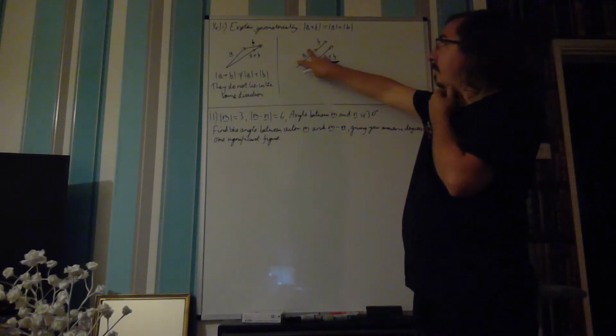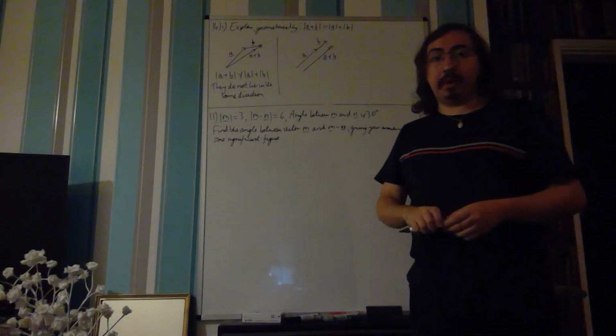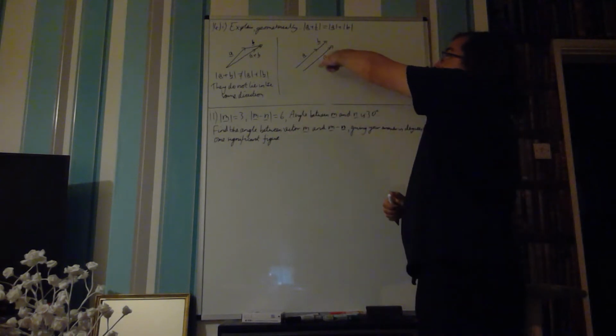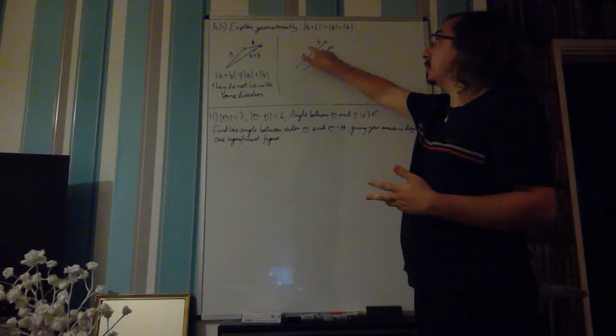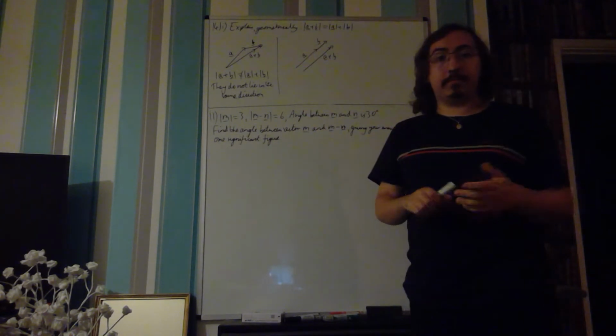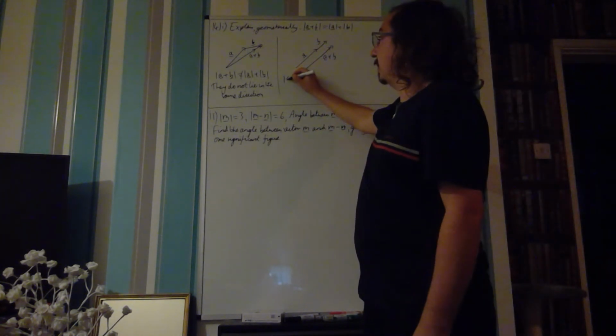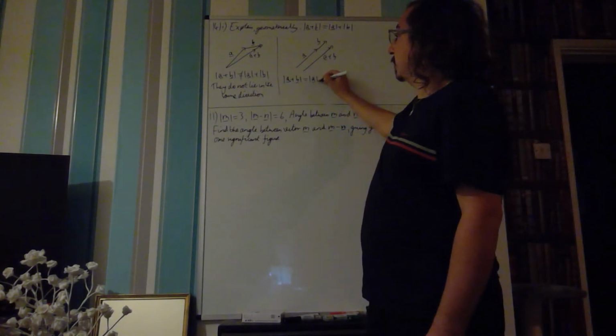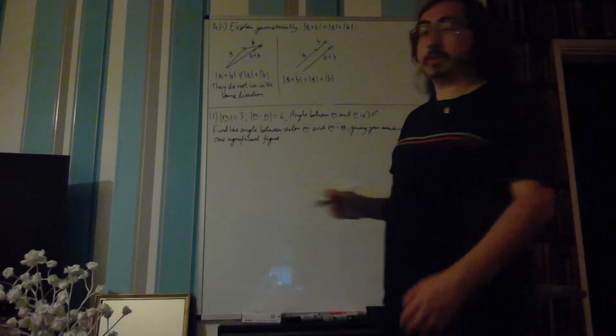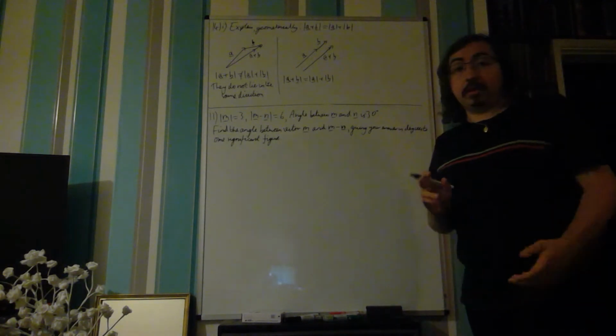If we take the length of A and we add on the length of B, well, clearly they must be the same length. A plus B must be the same as the length of A plus the length of B. So in this case, we do have that the modulus of A plus B is equal to the modulus of A plus the modulus of B.